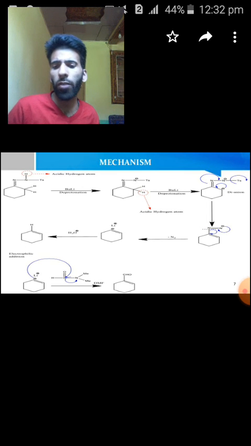After that, when we talk about the regioselectivity of Shapiro reaction, here you can see that aryl sulfonyl hydrazone on deprotonation with butyl lithium, they form a lithiated species. This lithiated species forms two main substituents.